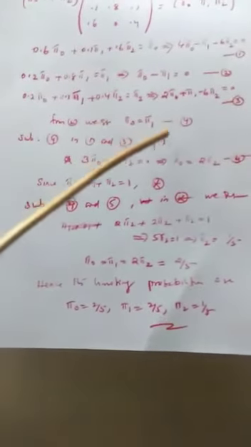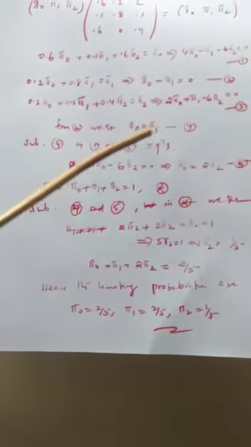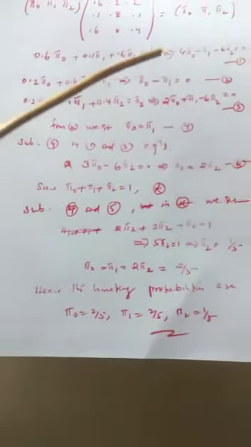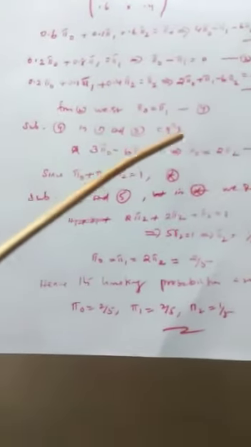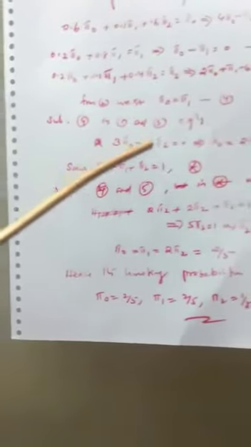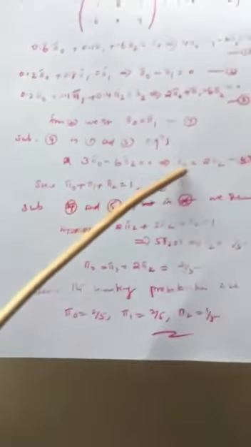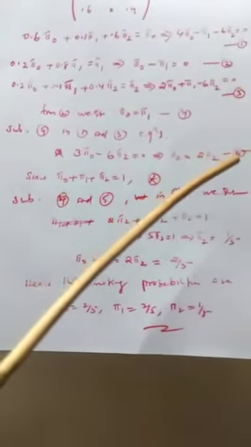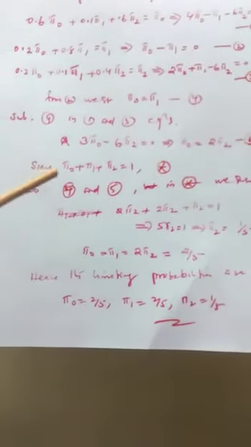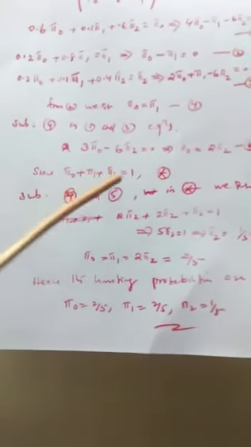Now from 2 we get pi naught equal to pi 1, equation number 4. Substituting 4 in 1 and 3, we get 3 pi naught minus 6 pi 2 equals 0, which implies pi naught equal to 2 pi 2, equation number 5. Since pi naught plus pi 1 plus pi 2 equals 1, denote this equation star.